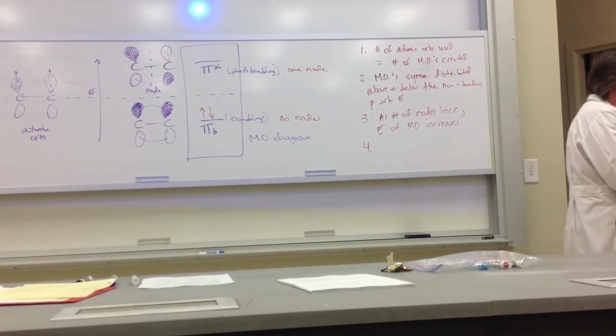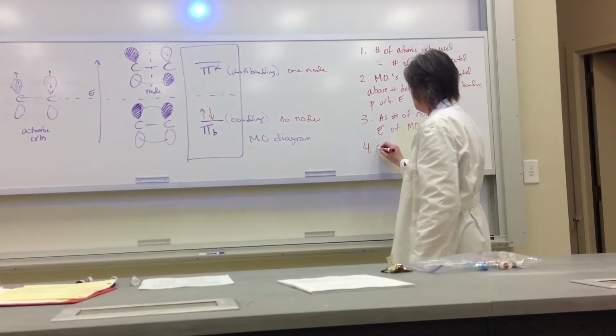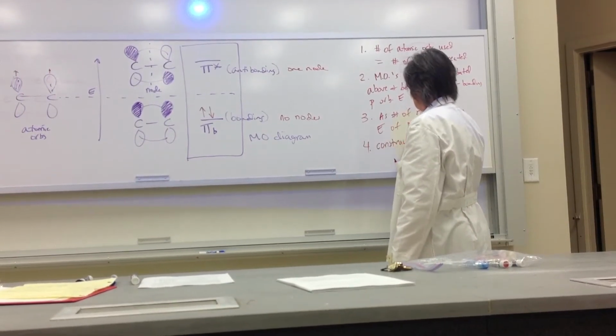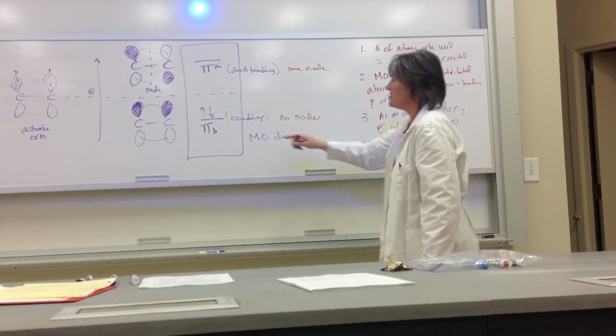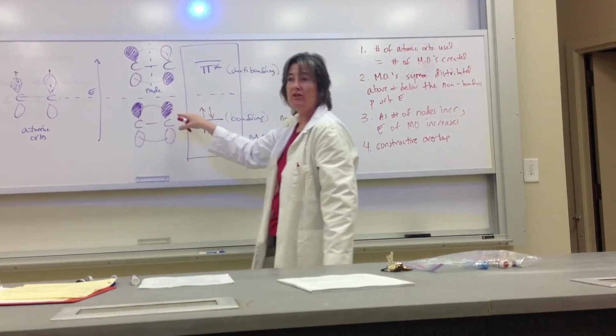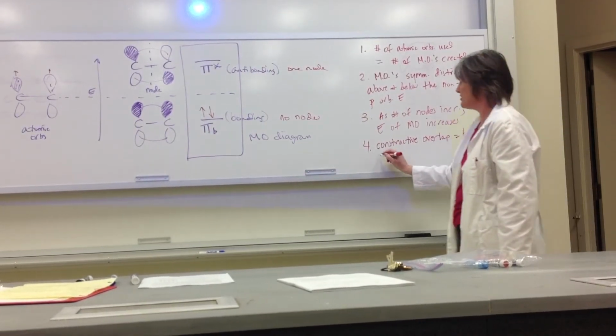And then number 4, what they call constructive overlap. That's where the same signs overlap. This is constructive overlap. That's bond. Destructive overlap.